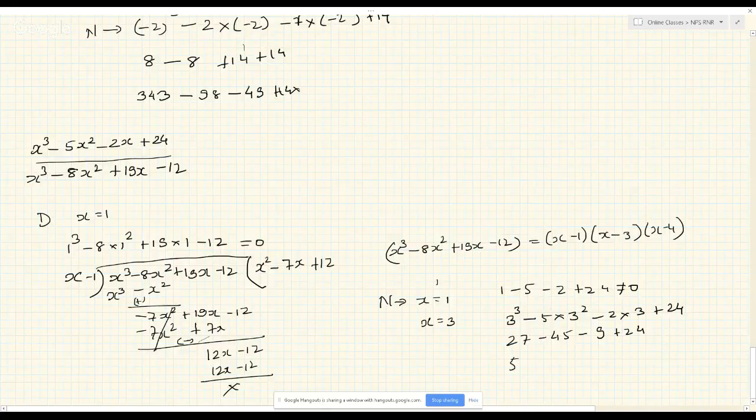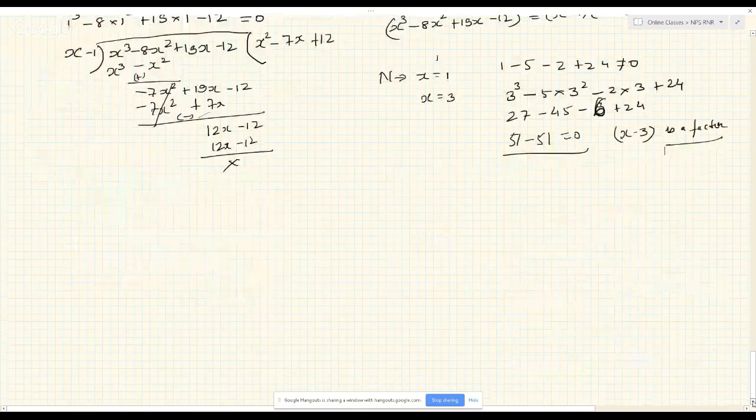We did something wrong. 3 cubed is 27, minus 5 times 3 squared, 5 9s are 45, minus 2 times 3, oh sorry, this is 6, and plus 24. So 51 minus 51 equals 0. That means x minus 3 is a factor. The moment I get x minus 3 as a factor, I can divide. So that's what we did so far.